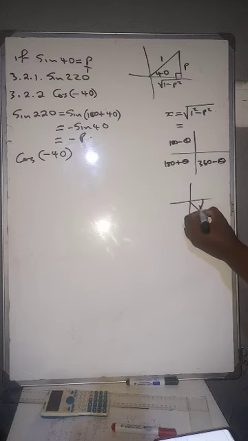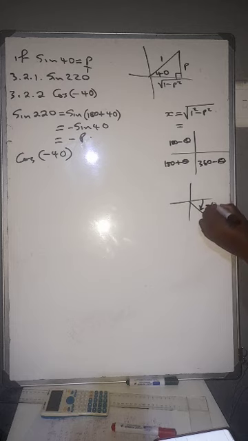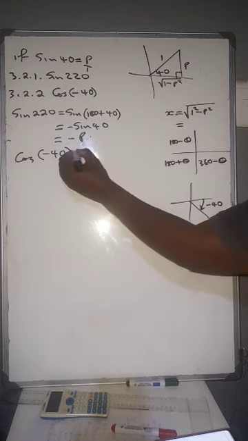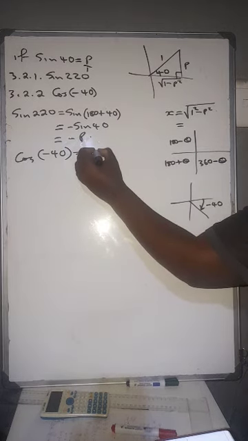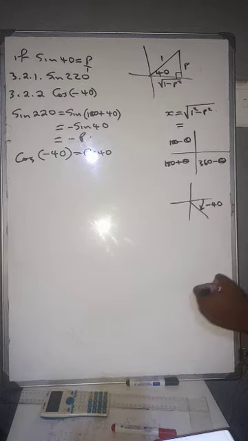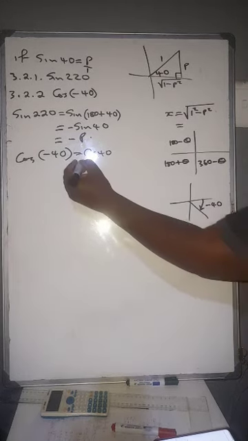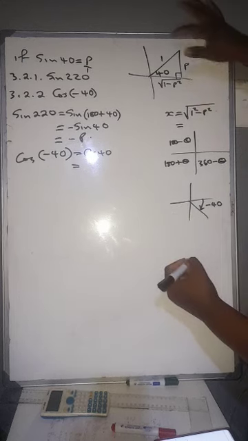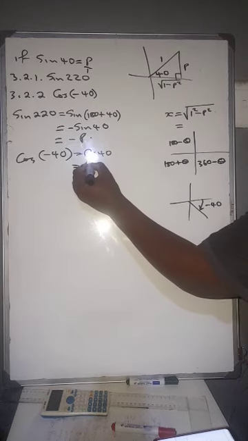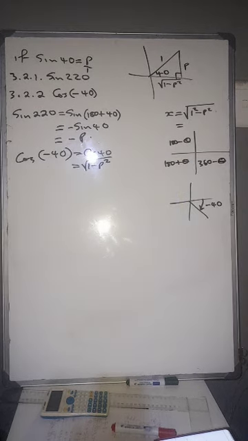But if we go clockwise, that's negative 40 in the fourth quadrant, and cos in the fourth quadrant is positive. So this one just gives us positive cos 40, and our cos 40 there is equal to adjacent over hypotenuse, that is square root of 1 minus p squared. That is the answer for that one.